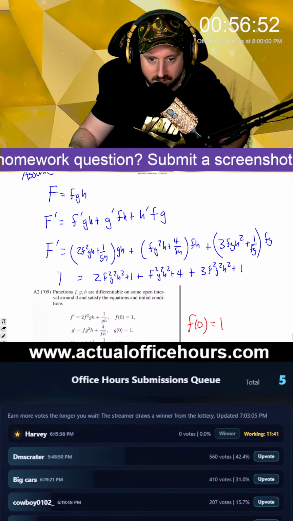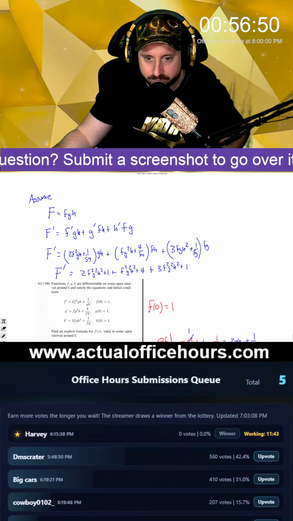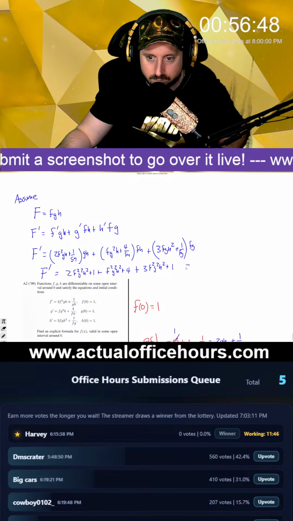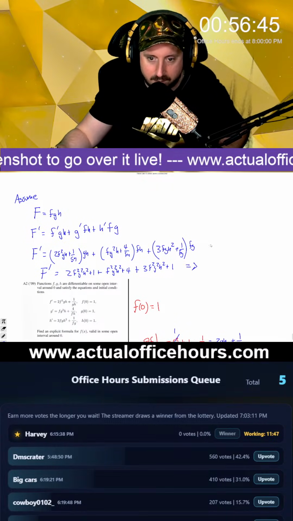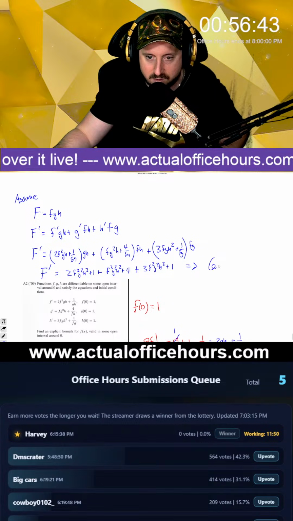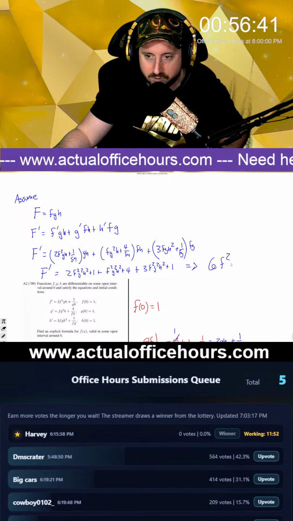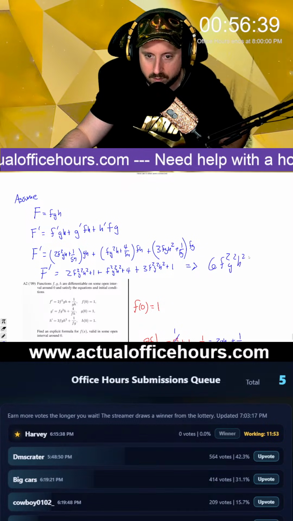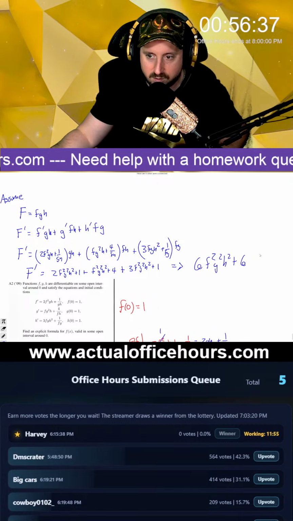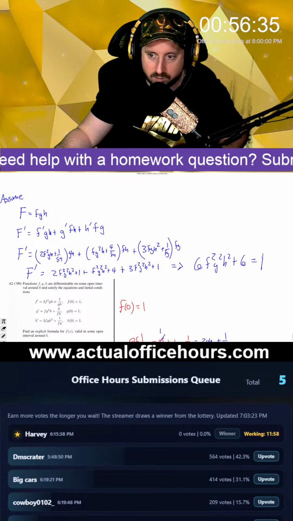And this is all equal to big F prime. And so what is that? That's 6 F squared G squared H squared plus 6 is equal to big F prime.